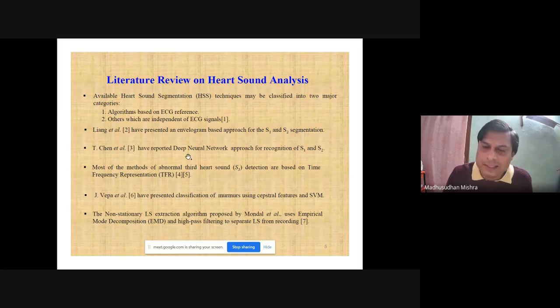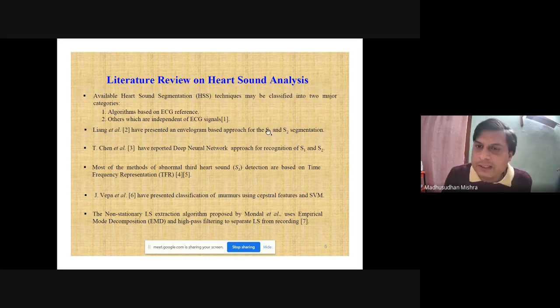Similarly, in one of the recent works reported by Chen and his co-workers, they have reported a deep neural network approach for segmentation of heart sounds S1 and S2. Like in the previous method, which required energy and also timing information, as we know that systolic time is less compared to the diastolic time, meaning the time difference between the occurrence of S1 and S2 is less compared to that between S2 and S1.